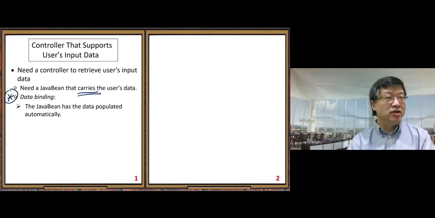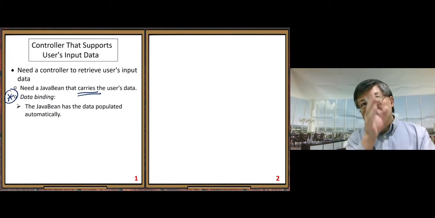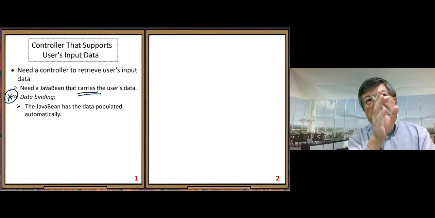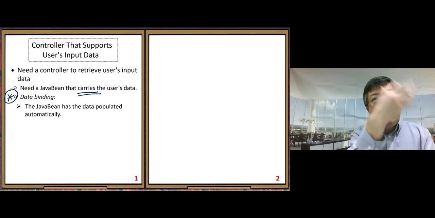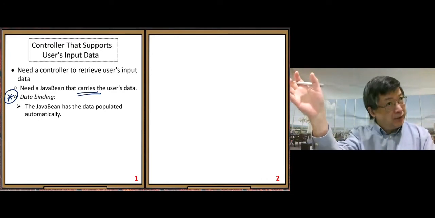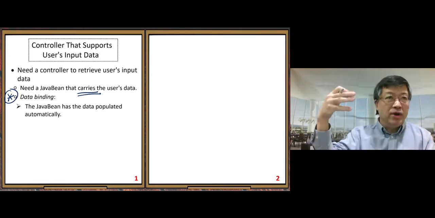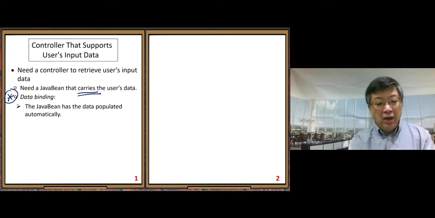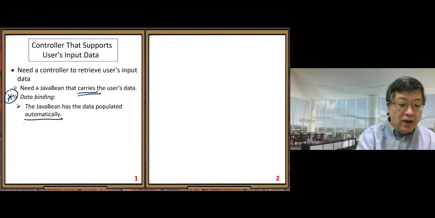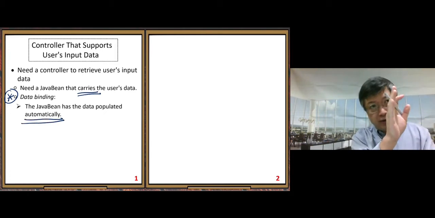Usually if we want to store data inside a Java bean, we need to call setters, right? We, the programmers, need to call the setters. But here, automatically, you do not need to call setters.